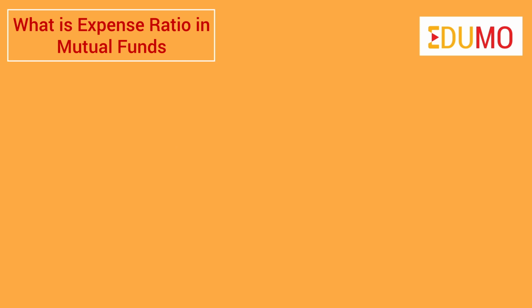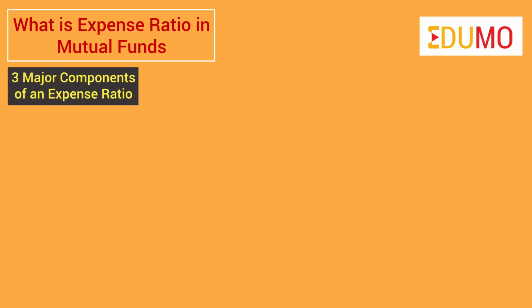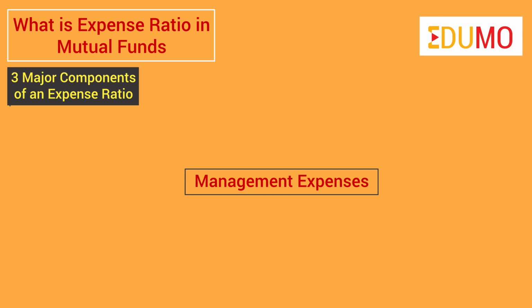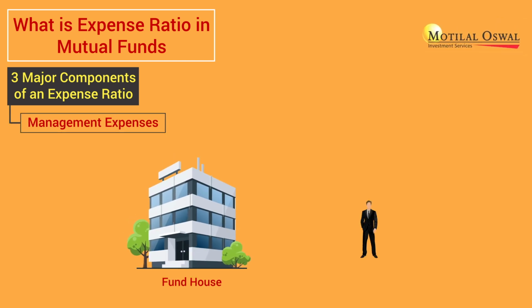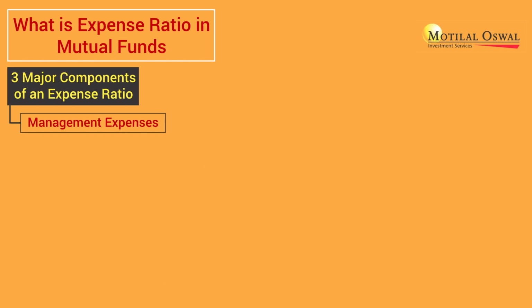Let us discuss the three major components of an expense ratio. The first is the management expenses. These include the compensation to the fund managers who are responsible for the success of the mutual fund. Next, we have the administrative expenses.